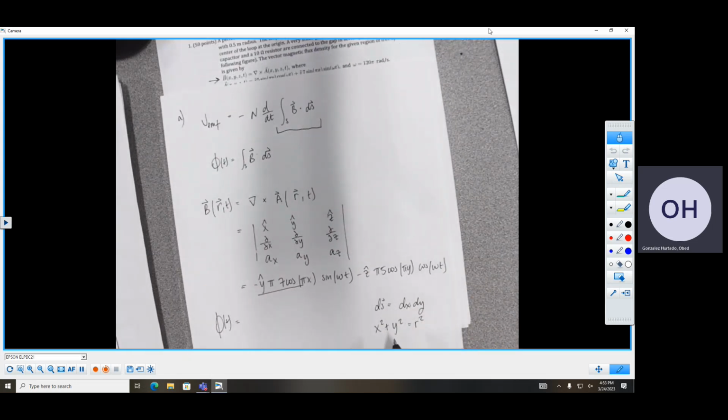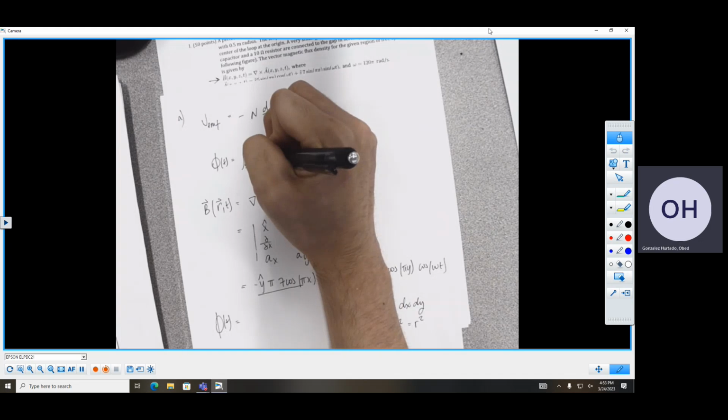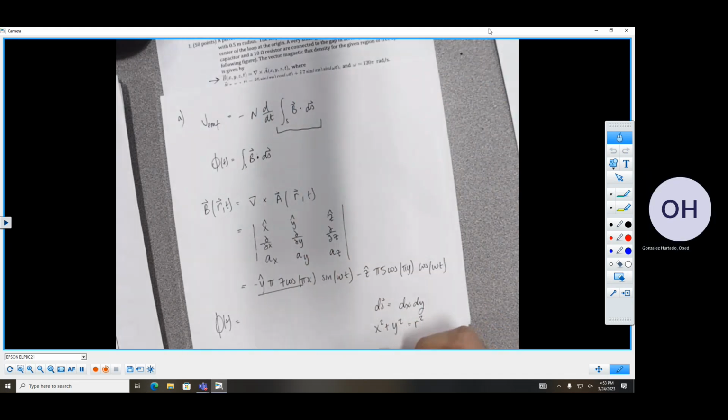For that, if we use dr d theta, we will define it as this. If we define it using dr d theta, we need to make it so.